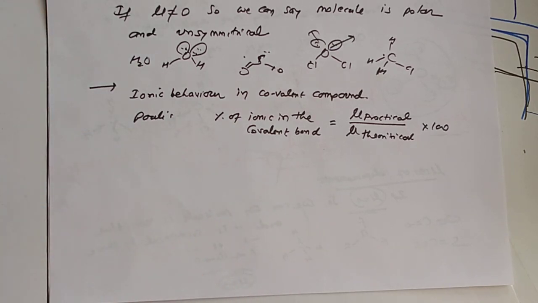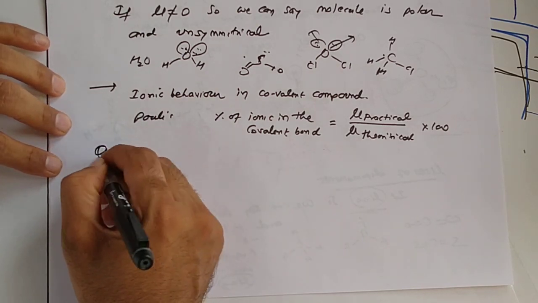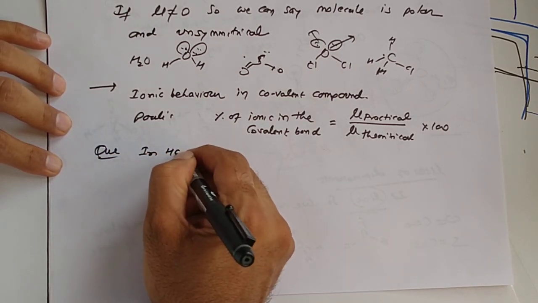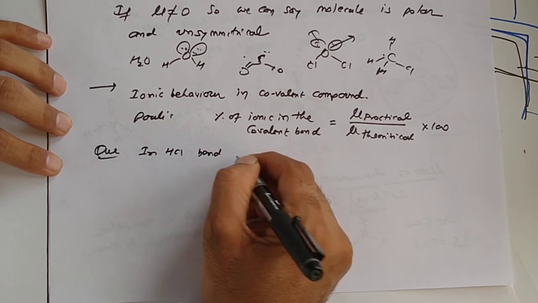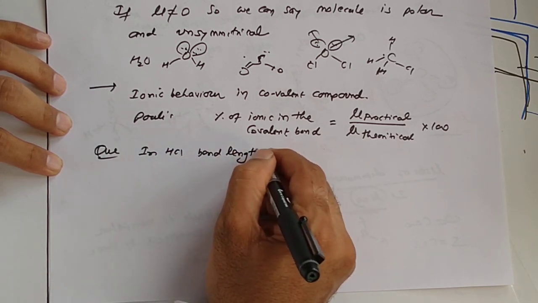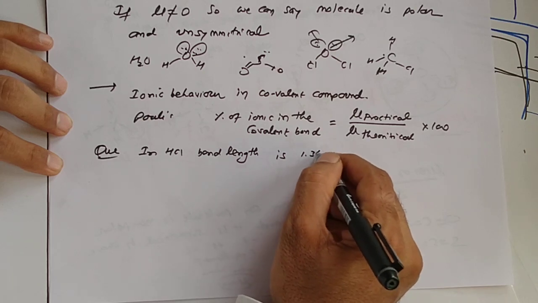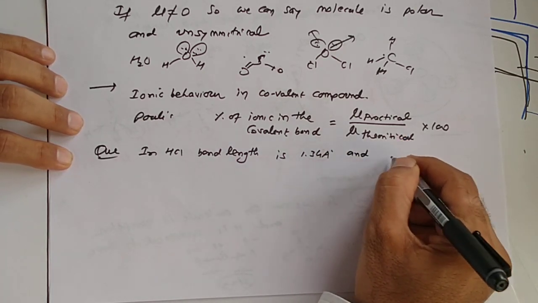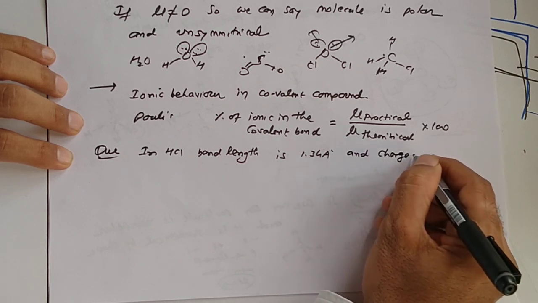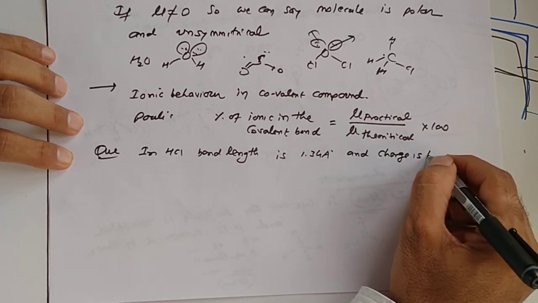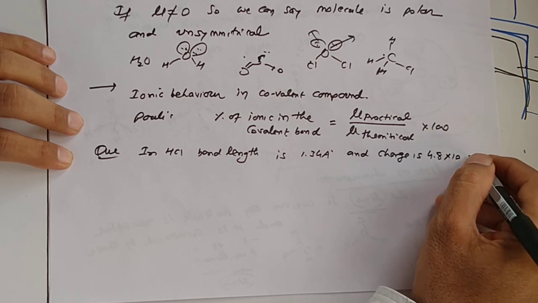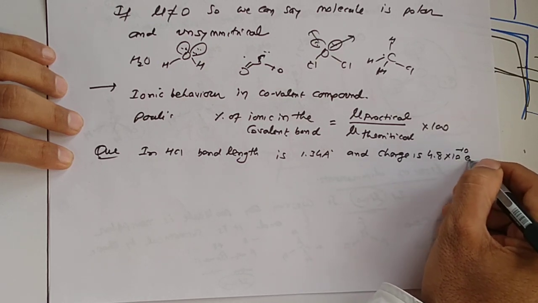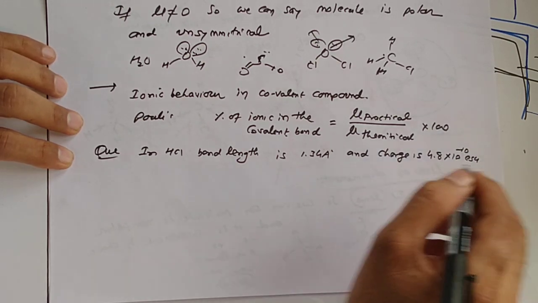I am giving you an example for that. In HCl, bond length is 1.34 angstrom and charge is 4.8 into 10 raised to minus 10 ESU.